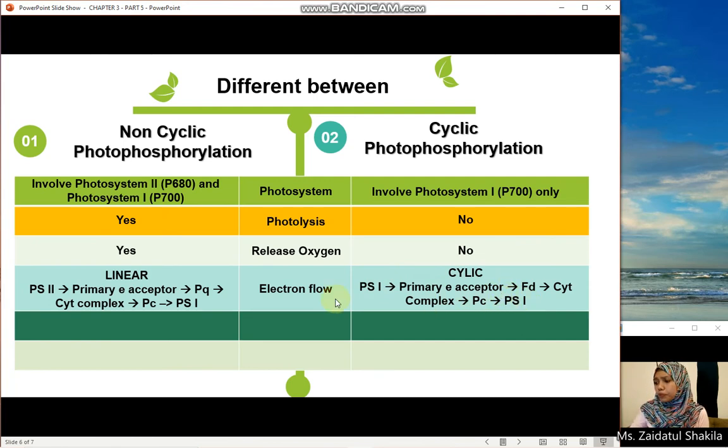The final electron receptor of non-cyclic photophosphorylation is the electron carrier NADP+, and the final electron receptor of cyclic photophosphorylation is photosystem 1 itself. The products in non-cyclic photophosphorylation are NADPH and ATP, while in cyclic photophosphorylation the product is only ATP.